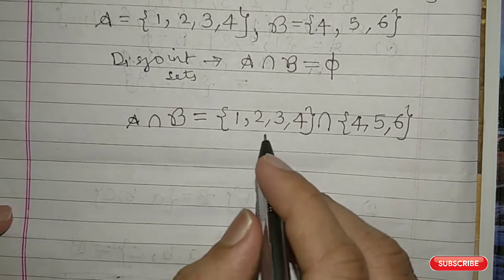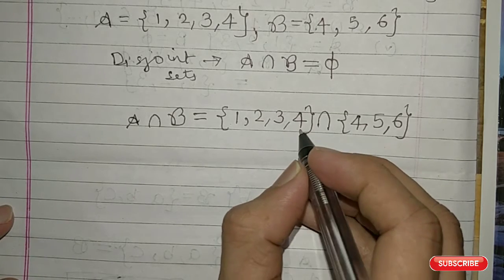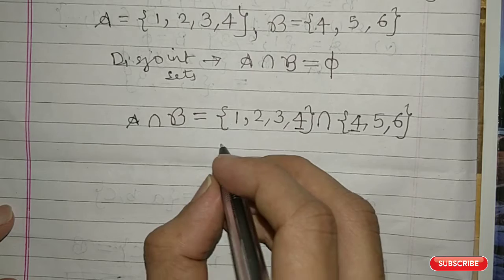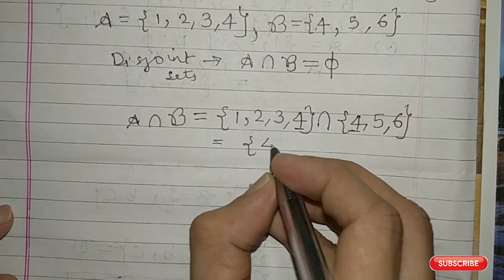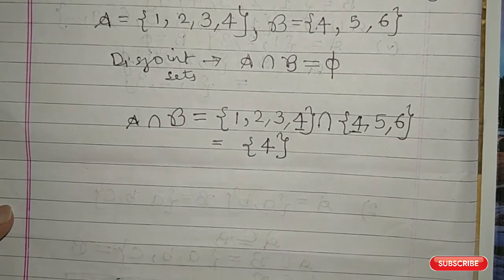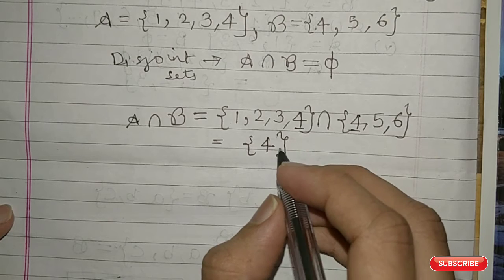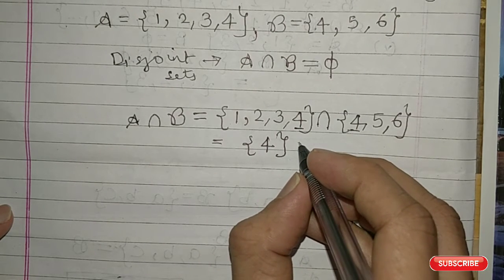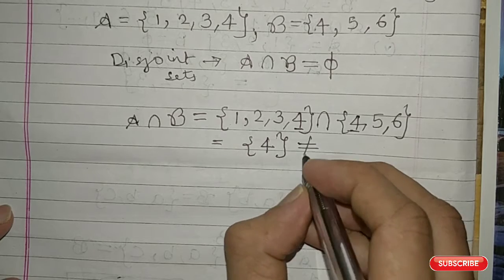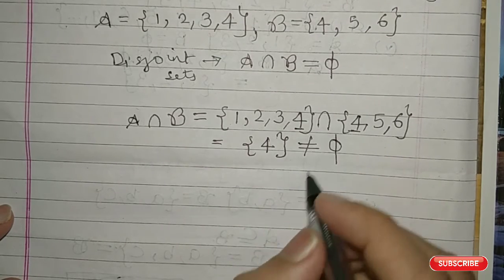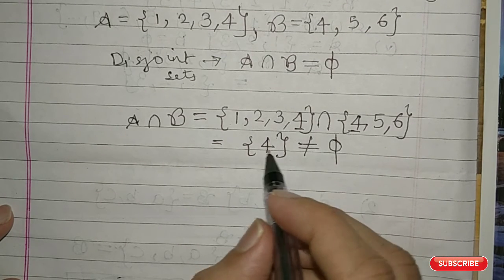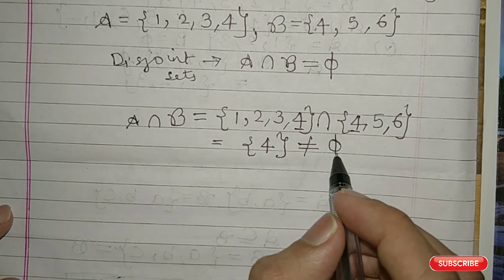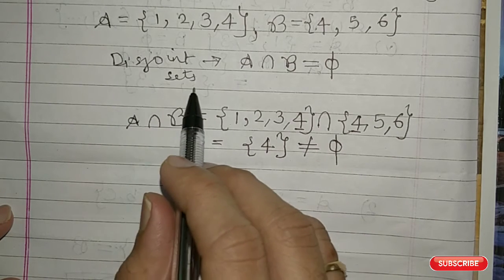So you can see that here there is only one common element, that is 4. So you will get the singleton set {4}. Now, the singleton set {4} has one element in it, so this set is not the empty set. Whenever the intersection of the two sets A and B is not empty, then they are not disjoint.